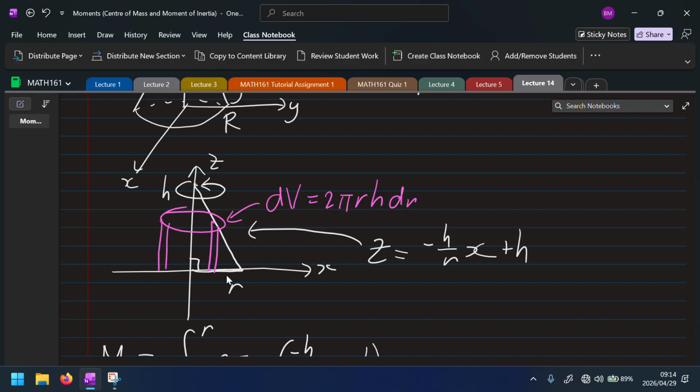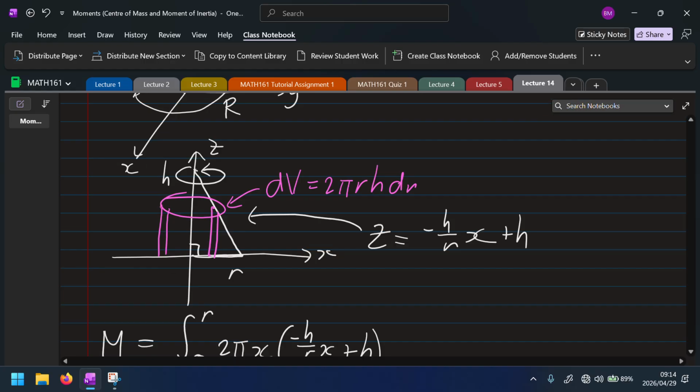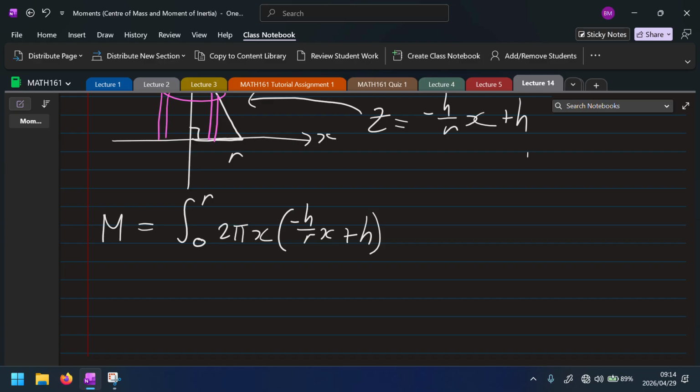That triangle, when we rotate it around, makes our cone. In the original picture, we need the radius squared, right? In the 3D picture. In our new picture here, we still need the radius squared. What's the radius? What's that? X squared, yeah. That's going to be the radius squared. So here we've got something like this.